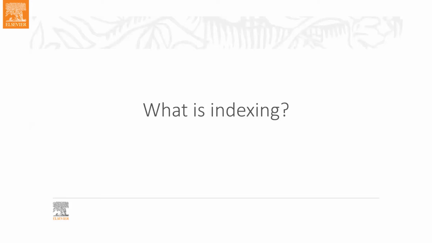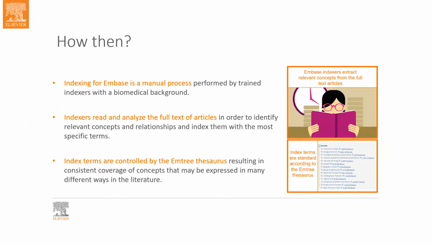Okay, let's talk about indexing. Indexing for Embase is a manual process performed by trained indexers with a biomedical background. If the original article is not in English, a native speaker will read it and do the indexing in English.